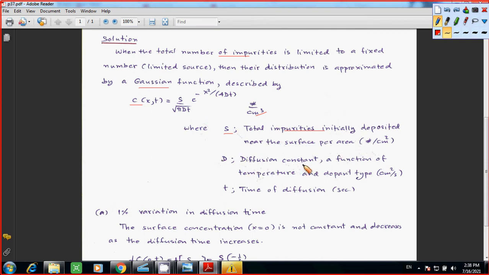D is the diffusion constant, a function of temperature and dopant type. T is the time of diffusion.